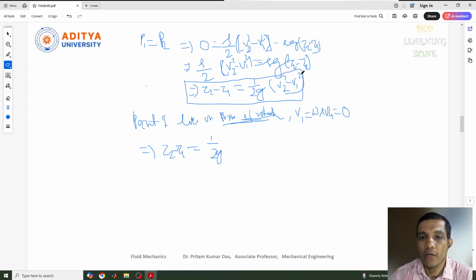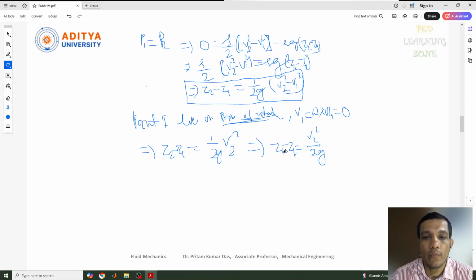The V1 square part is 0, so we can write only V2 square: Z2 minus Z1 equals V2 square by 2g.